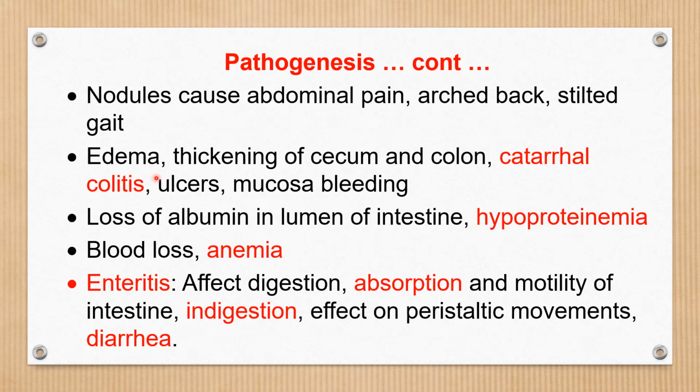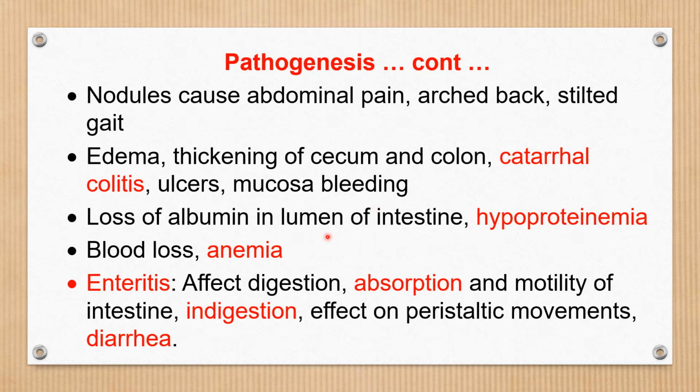There is edema and thickening of the wall of the cecum and colon and produce catarrhal colitis, excessive mucus, may lead to ulcers and bleeding from the mucosa at the site of entry.